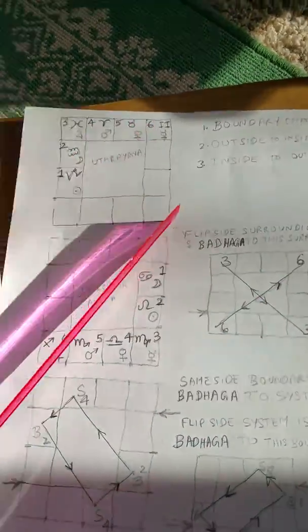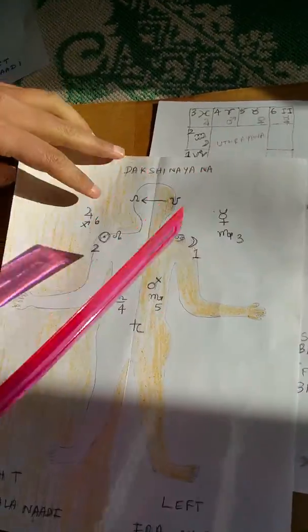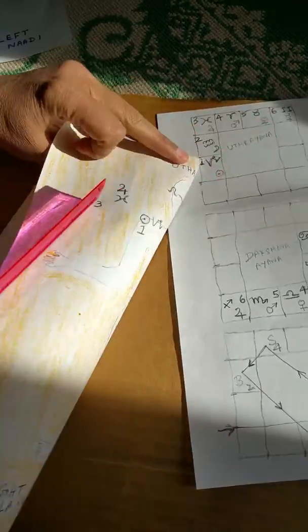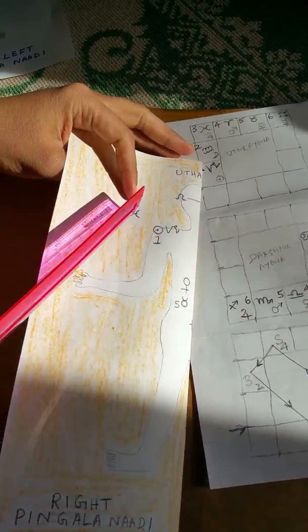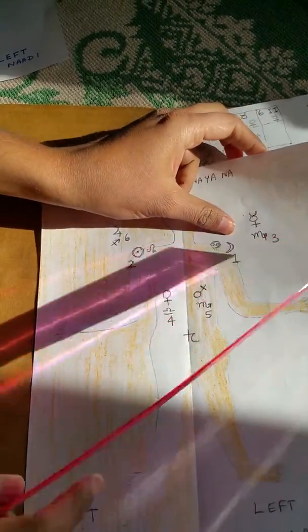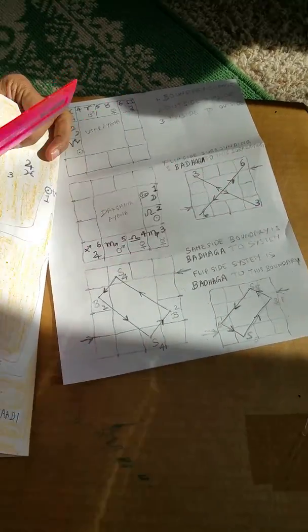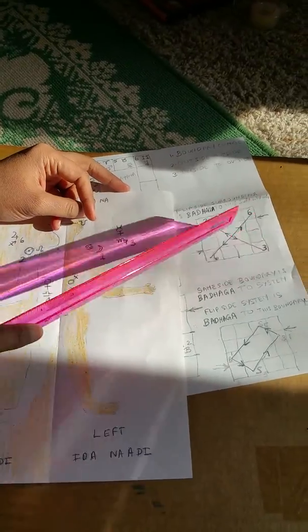You can see the number 3 here. Number 3 again. You can see that for Virgo, Pisces is the problem. For Pisces, Virgo is the problem.